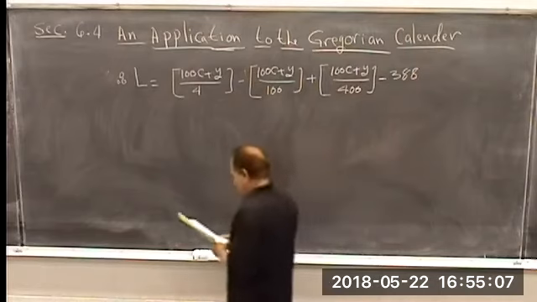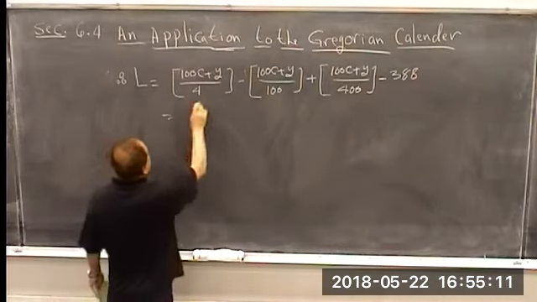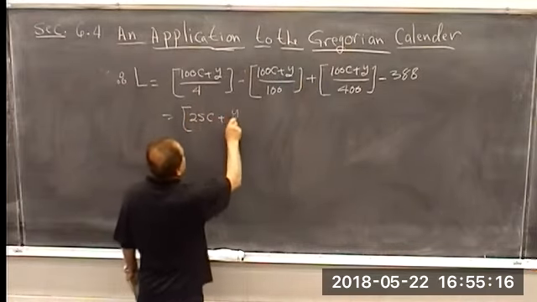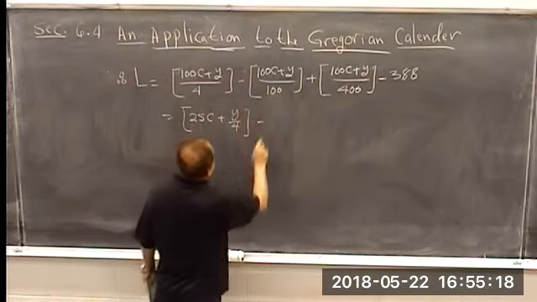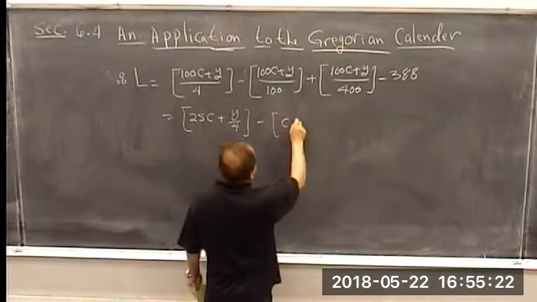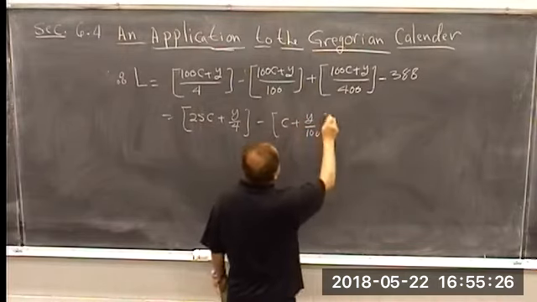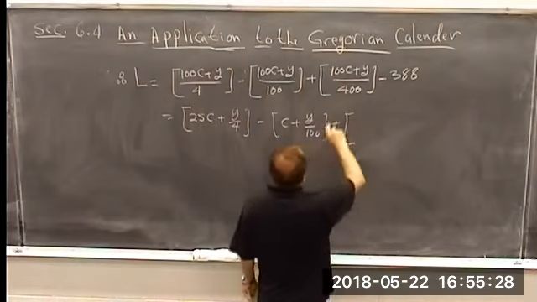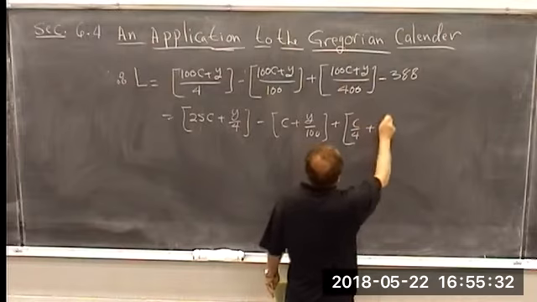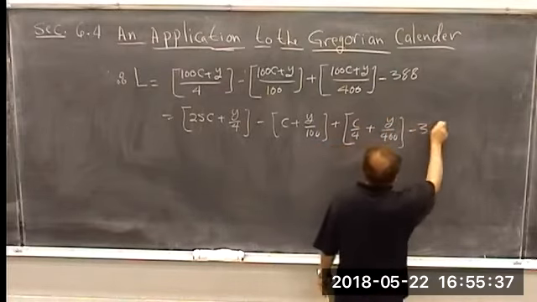And again, we're going to simplify all of this. We're going to divide by 4 and come up with 25c plus y over 4. Then this one we're going to have as just c plus y over 100. And this one is going to give me c over 4 plus y over 400, minus 388.